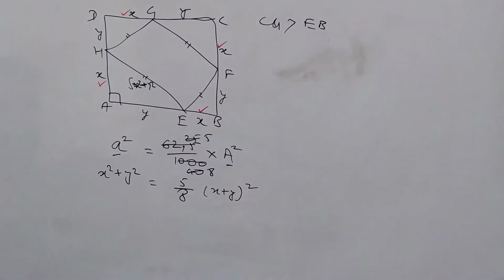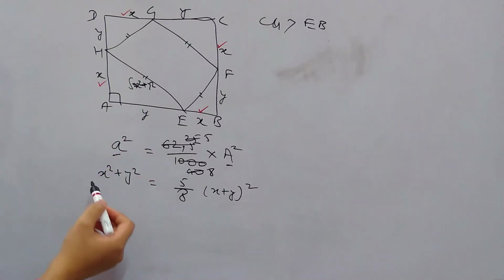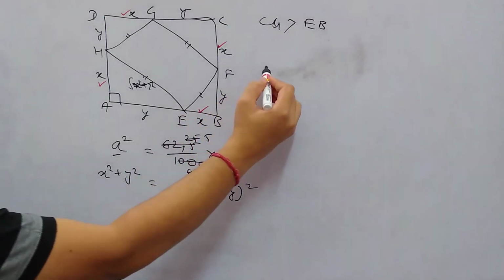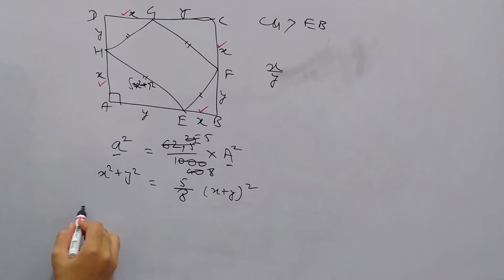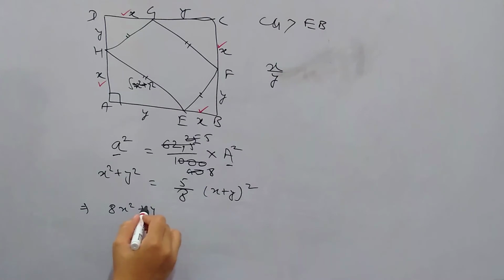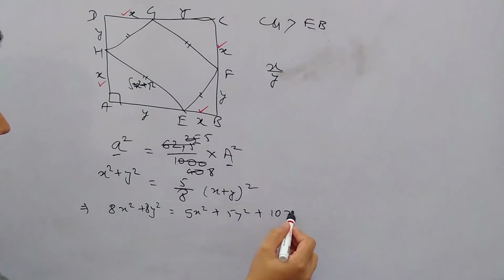Okay. So we have transformed the sides of these two squares into x and y, and we need to find out the ratio of x to y. Okay, EB by CG is x to y. So if we further expand this, it will be 8x square plus 8y square equals 5x square plus 5y square plus 10xy.